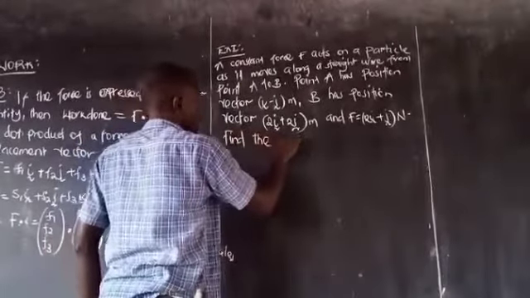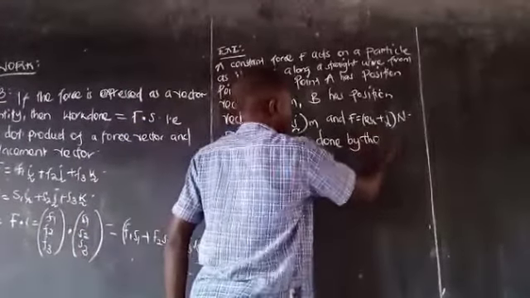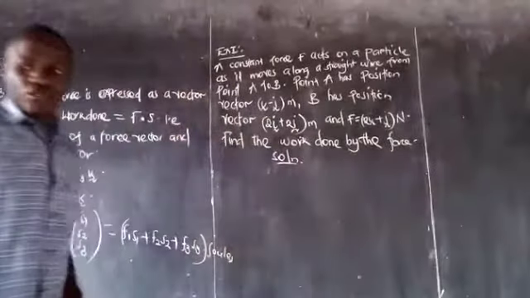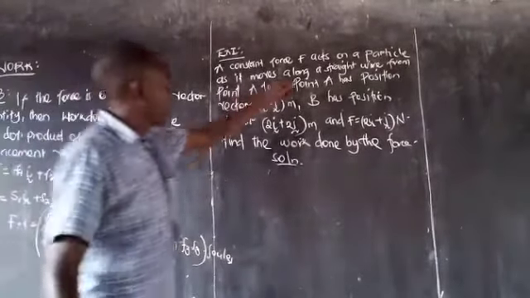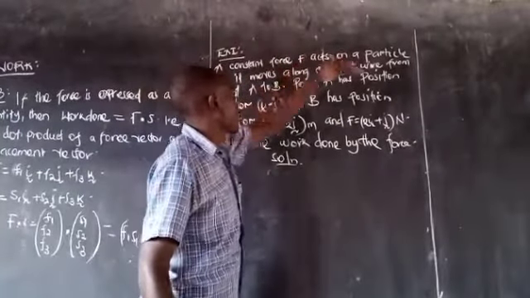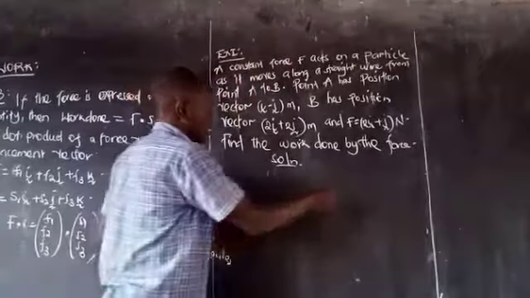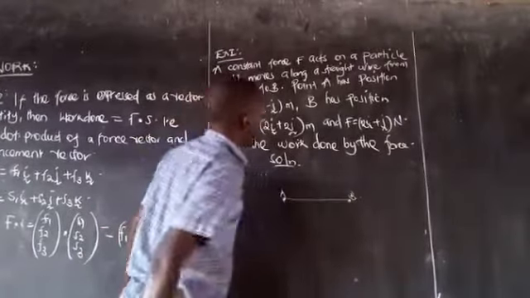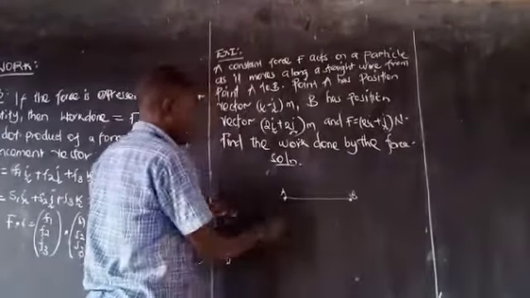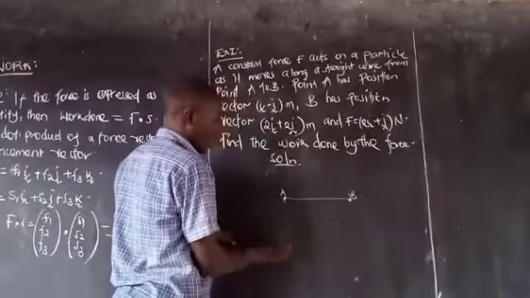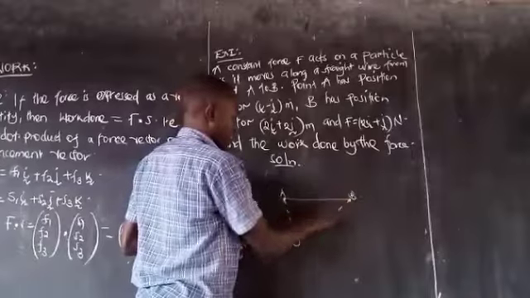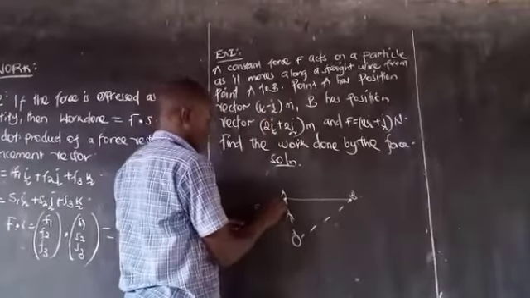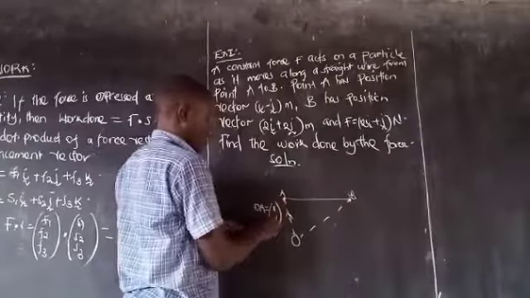We are told that a constant force F acts on a particle as it moves along a straight wire from point A to point B. If I can sketch, there is a force that is causing a particle to move from point A to point B. They are saying the position vector of A. The position vector, of course, is always from the origin, so we can create an origin here and say that this vector OA, which is expressed as i minus j, we can write in column form as (1, -1).